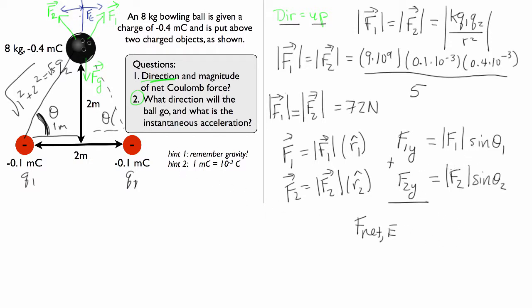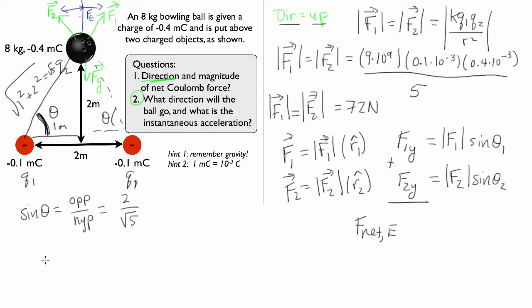Okay? So what is the sine of that angle? Let's do that over here really quickly. So the sine of theta in both cases is equal to the opposite over the hypotenuse. And so the opposite is 2 meters. The hypotenuse is the square root of 5. And so even though we don't know the angle in degrees, we know what the sine of that angle is just from looking at this triangle.